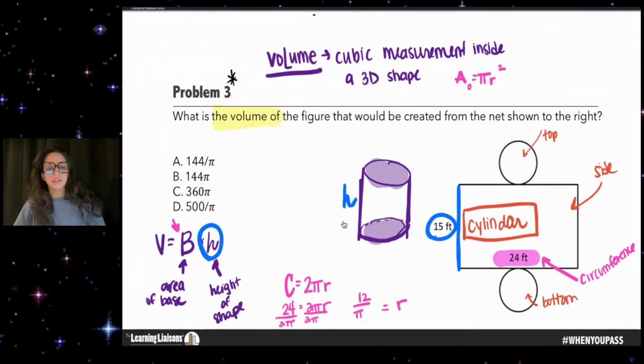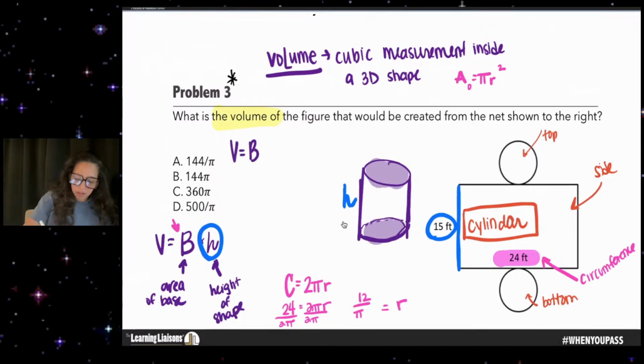Now I can find the area of my circle so that I can find the volume. So my volume formula is volume equals area of the base times my height, which is 15. Area of the base is pi r squared times 15.